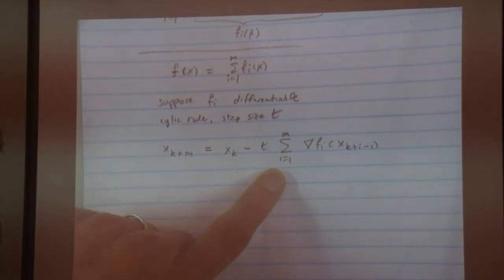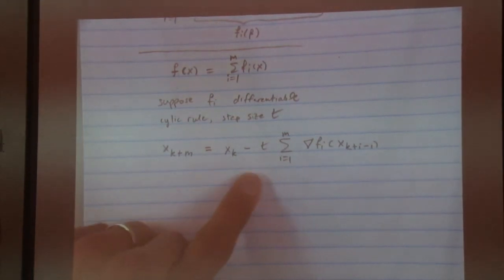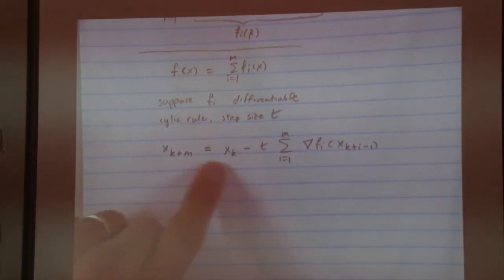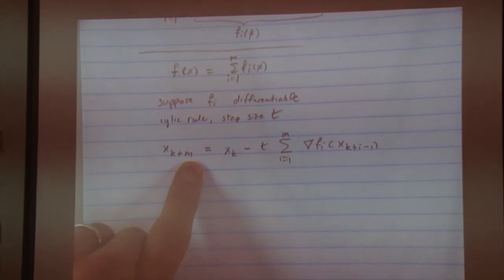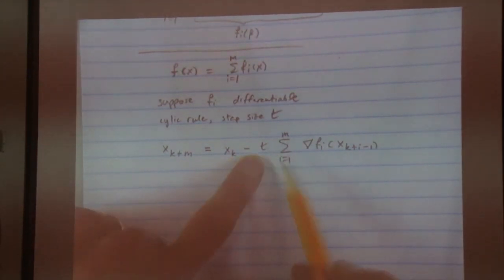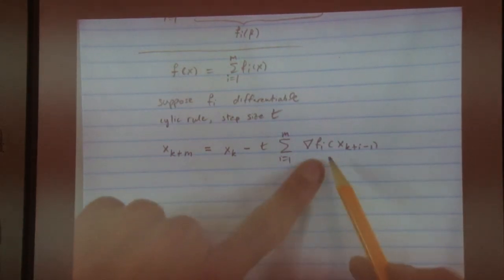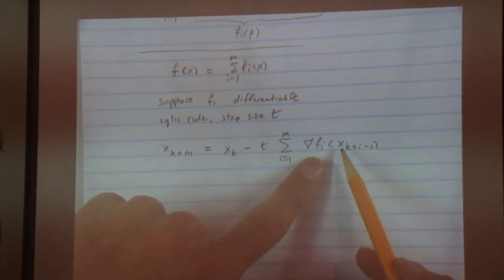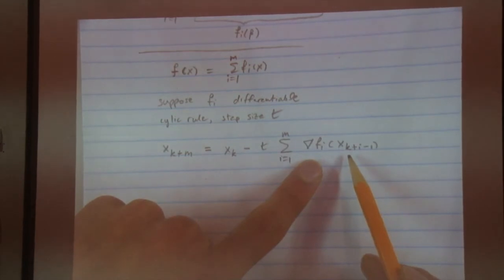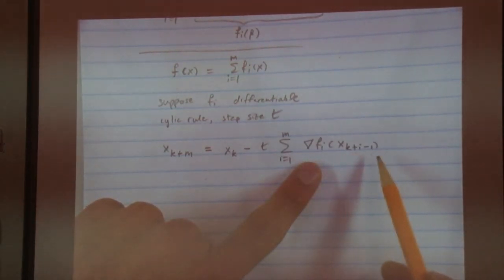Okay, so in other words, let's just look at the progress after 1 stochastic step. I'm going to do xk minus t times the gradient of the first function in the cyclic rule. So I take the gradient of f1, and I'm going to evaluate it at xk. So that's k plus 1 minus 1.